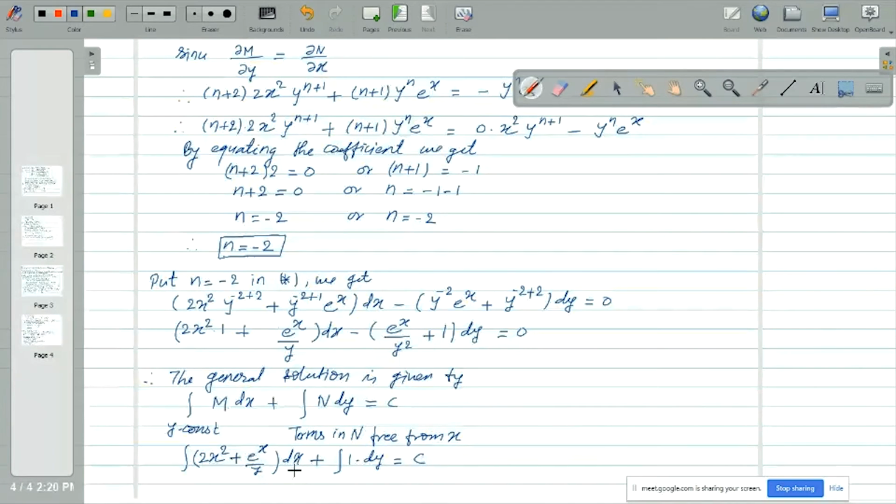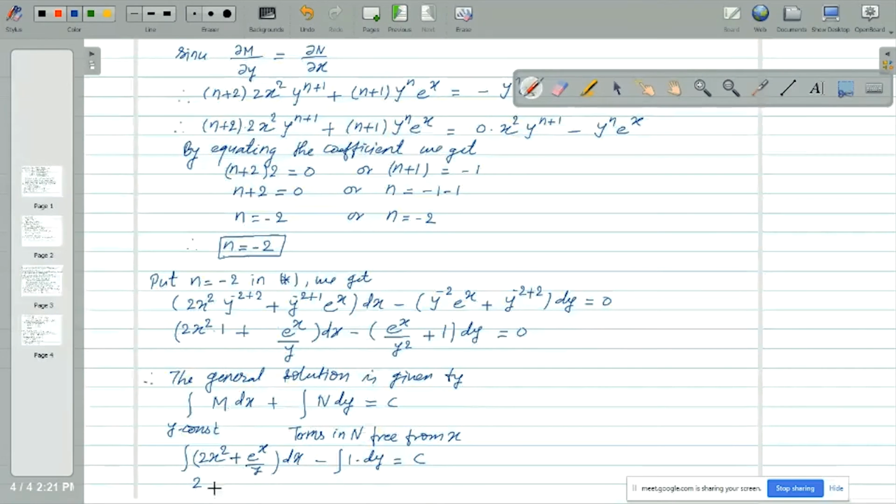Now just integrate this. It becomes minus 1, because minus is already here.